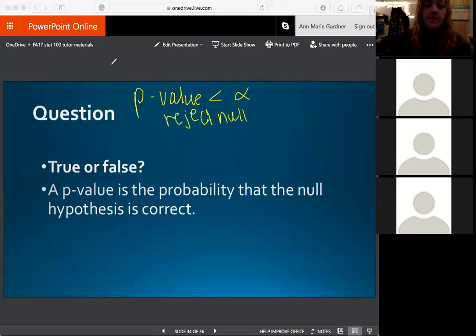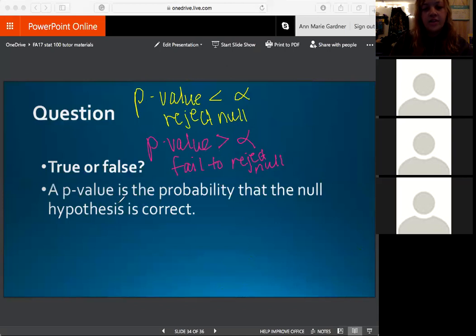And then if our p-value is greater than our alpha, showing that we think that it could be by chance, that means that we're going to fail to reject the null. So we always assume the p-value is calculated assuming that the null is true.